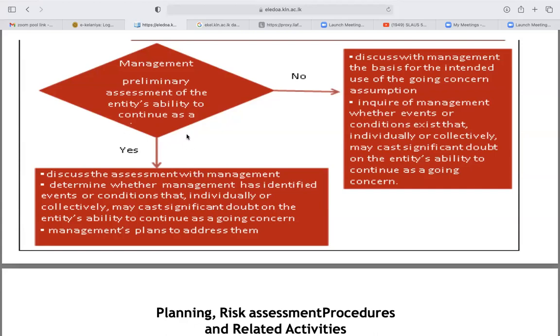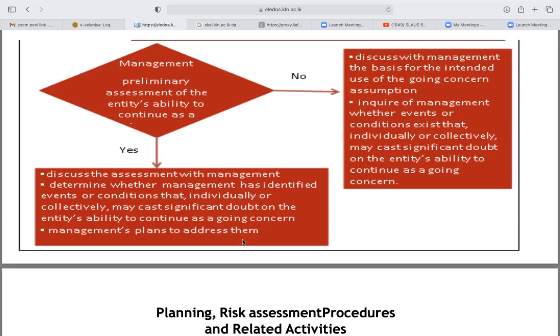If there is a going concern ability, yes, discuss the assessment with management and determine whether management has identified events or conditions that individually or collectively may cast significant doubt on the entity's ability to continue as a going concern, and management's plans to address them, right? So now management is assessing the company's ability to continue as a going concern, going for the foreseeable future, right?